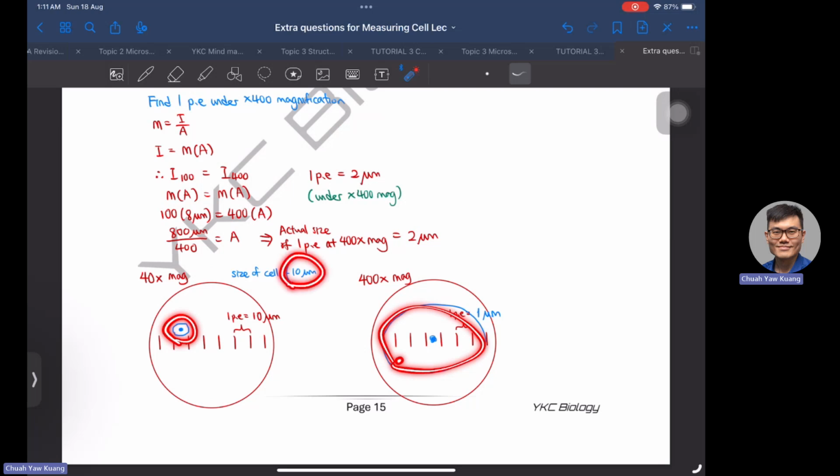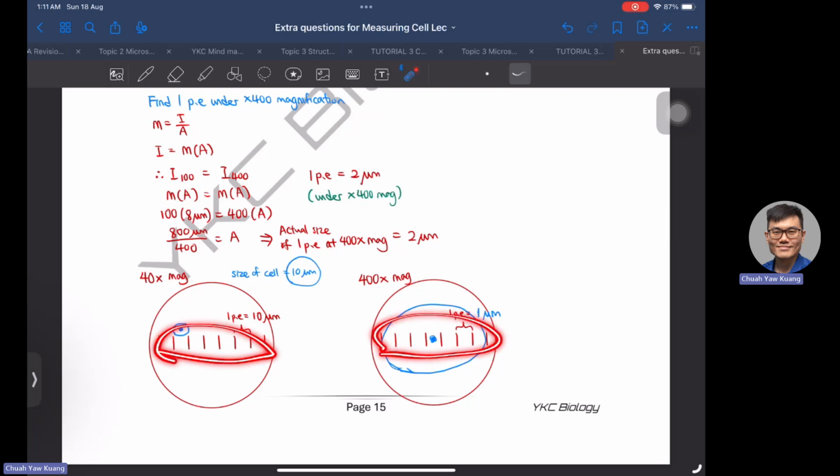The actual size of the cell is always the same regardless of the magnification; it's always the image size that changes. Well, for the eyepiece reticule, it is the image size that doesn't change, because image is what we see. So only what changes for the eyepiece reticule is the actual size.